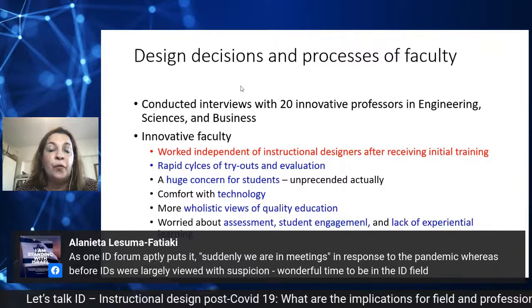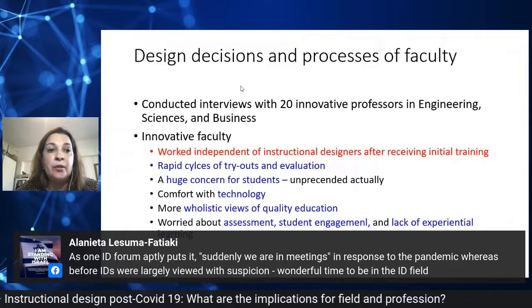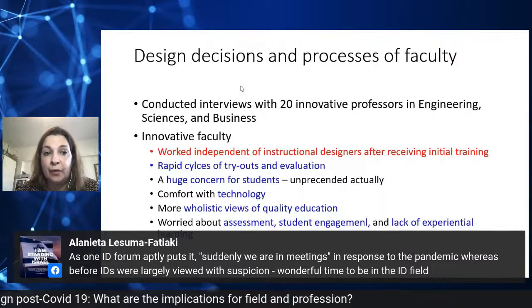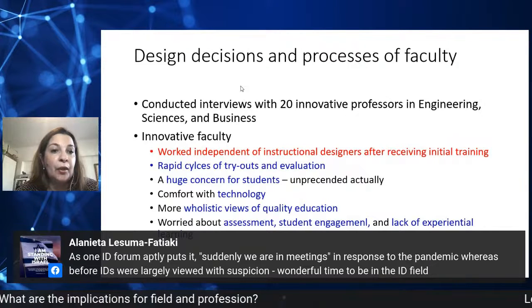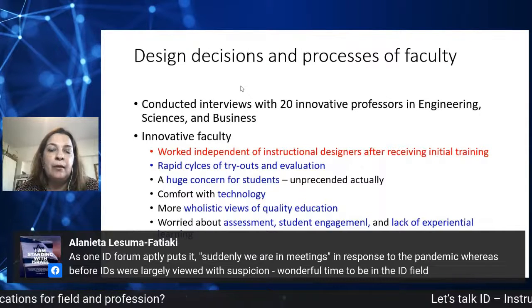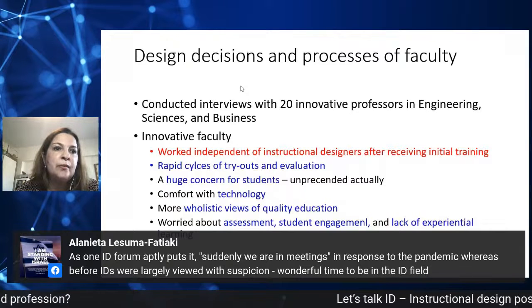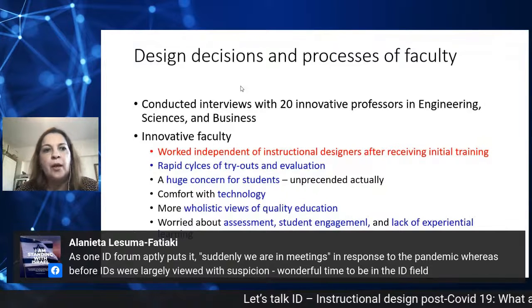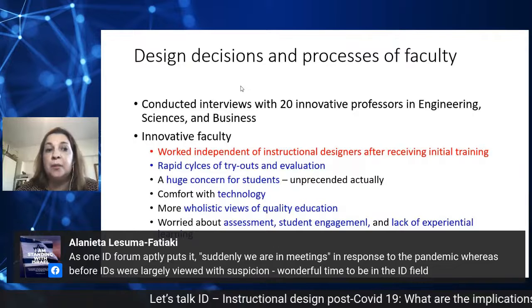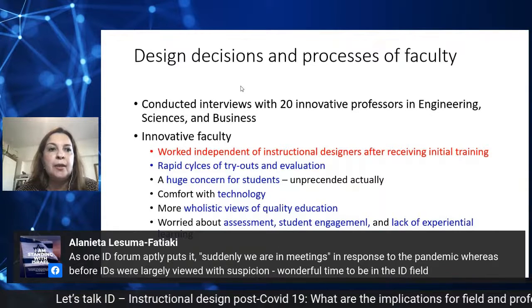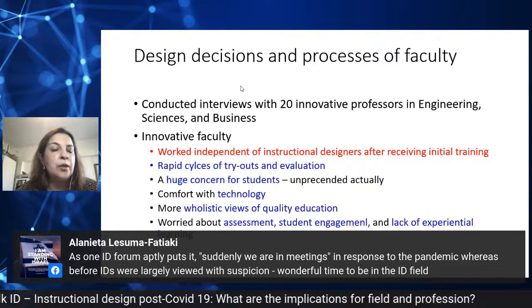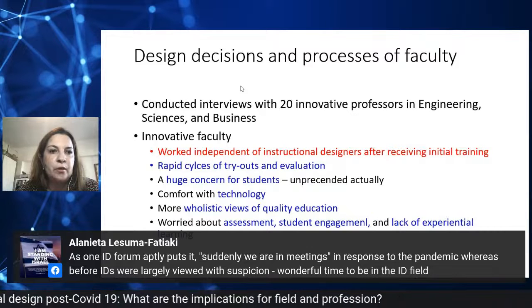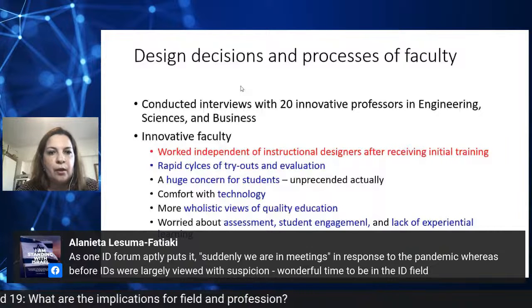And of course, they threw these concerns out to the community asking for answers. That, again, I think is a widespread phenomenon: the concern for lack of experiential learning, assessment, and student engagement. That is an area where instructional designers probably will have to focus in the future.